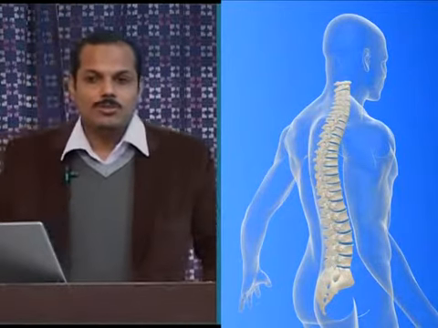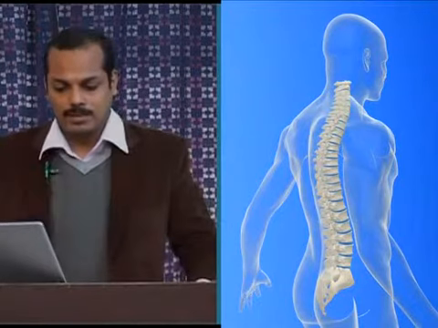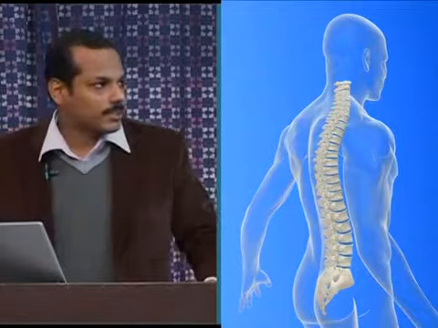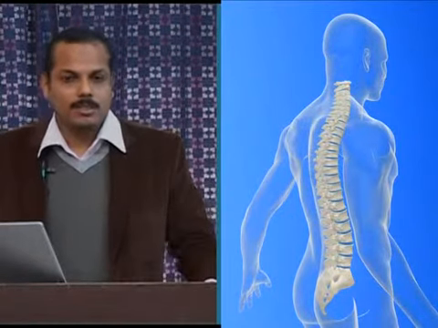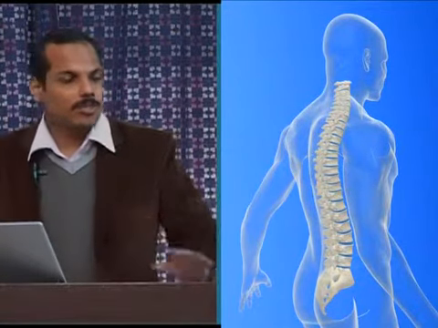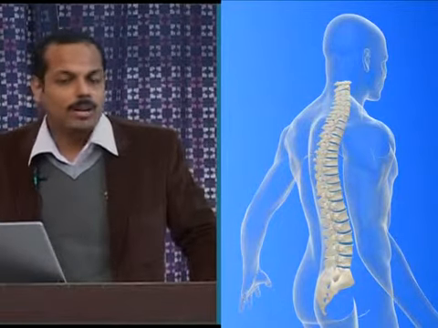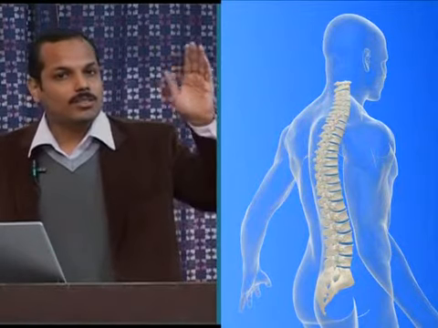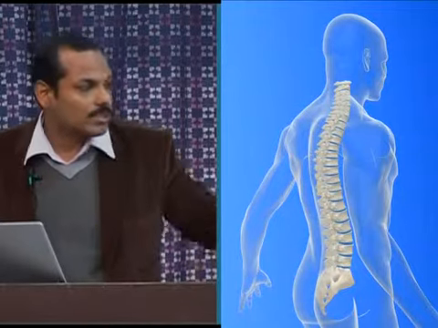Now, once you see the vertebral column from the front or back, it is very much straight. But once you see the entire vertebral column from the side, that is the sagittal view, you can see lots of curvatures. In the cervical region, there is a posteriorly concave curvature.